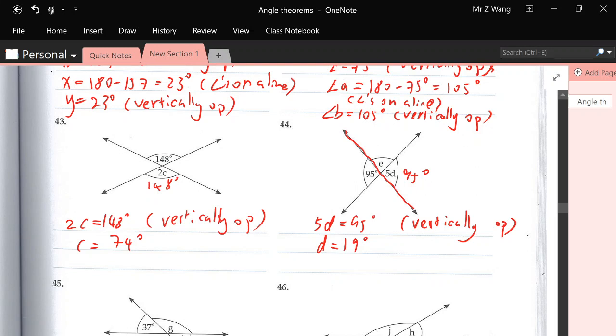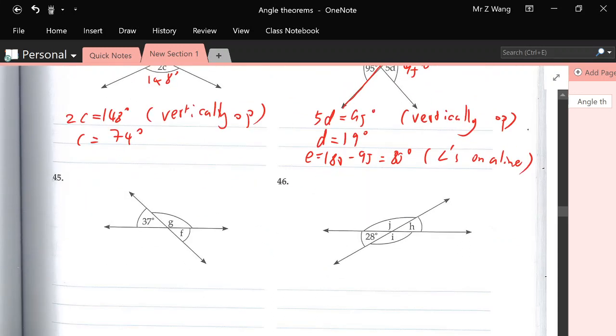Oh, it's actually easier if you think about this, right? So this is 95, so E is 180 minus 95, which is 85 degrees. Now the reason is angles on a line, right? Now this is easy, right? So two straight lines cutting each other.